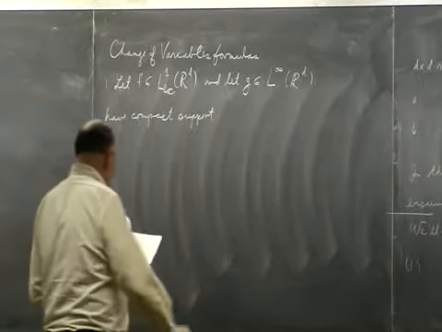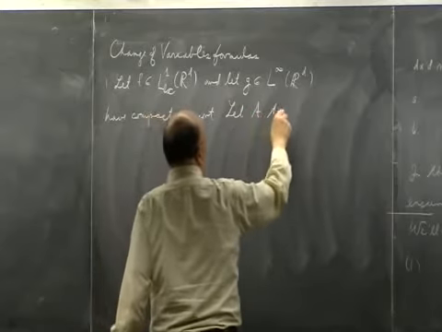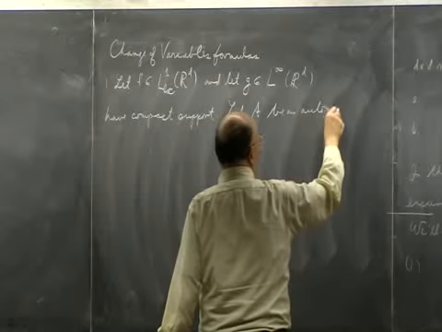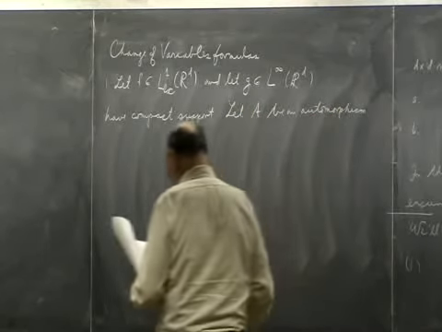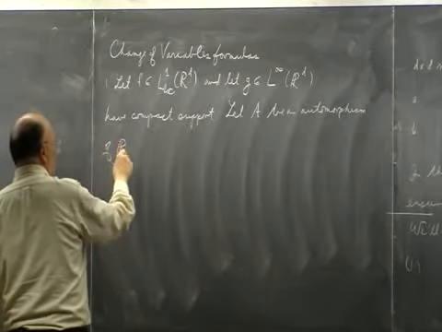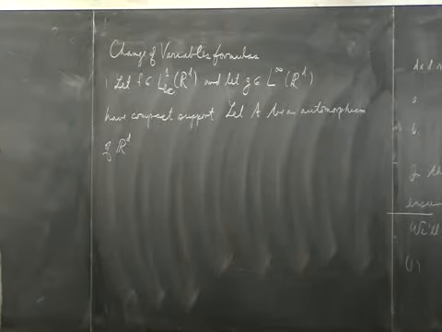And let A be an automorphism of R^D. Once again, all that means is a linear automorphism, a linear map from R^D into itself.